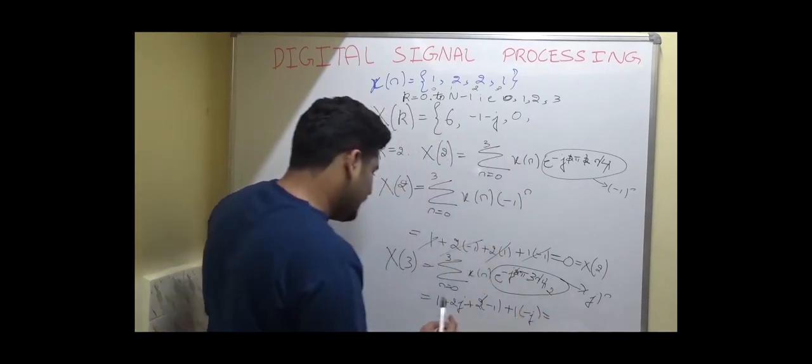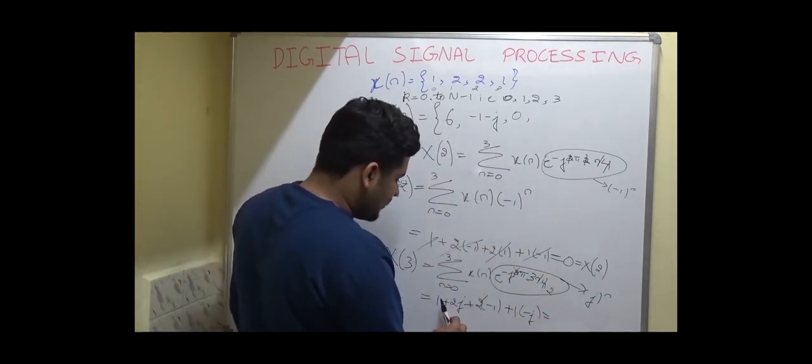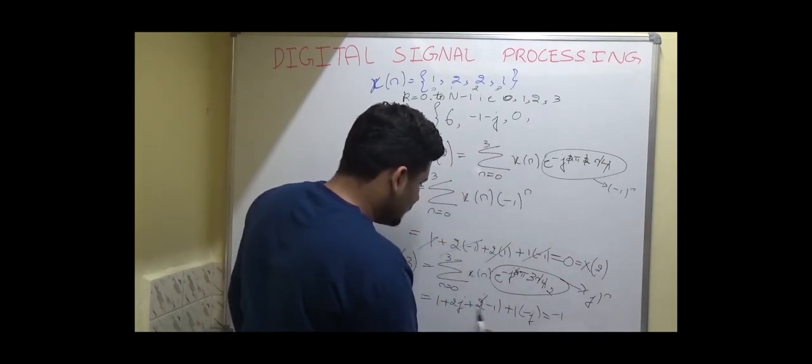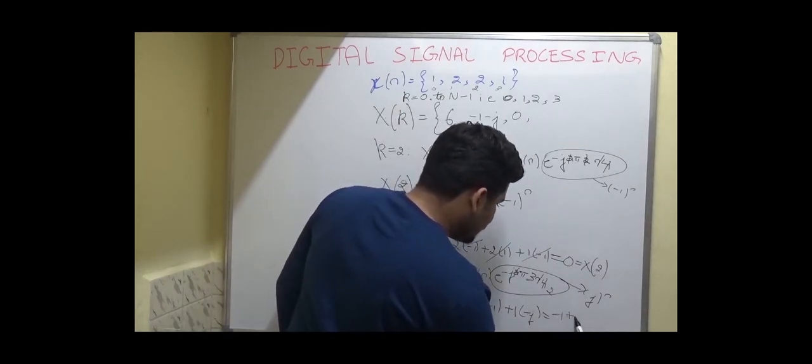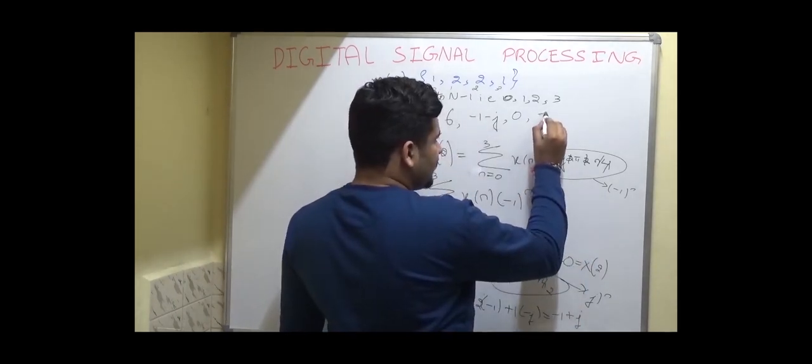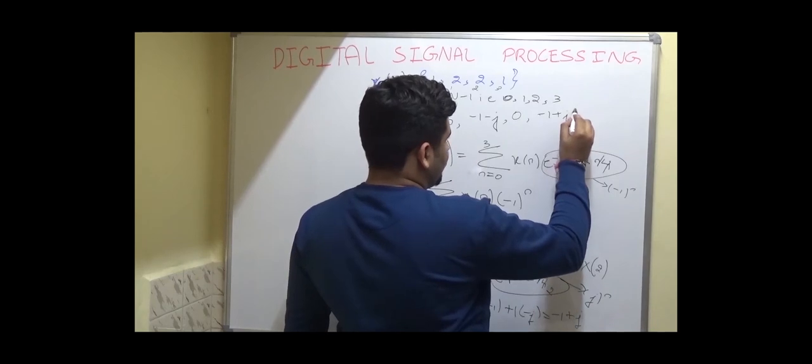Let us simplify: this value will be 1 minus 2, which is minus 1, and 2j minus j is plus j. So this would be minus 1 plus j.